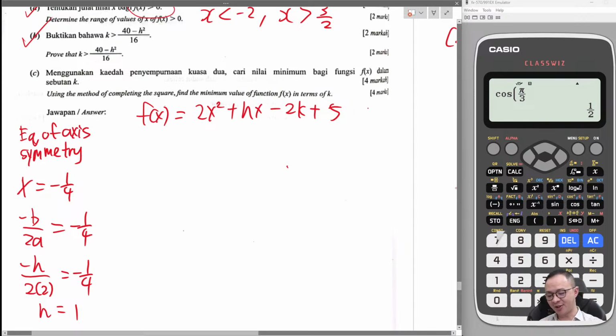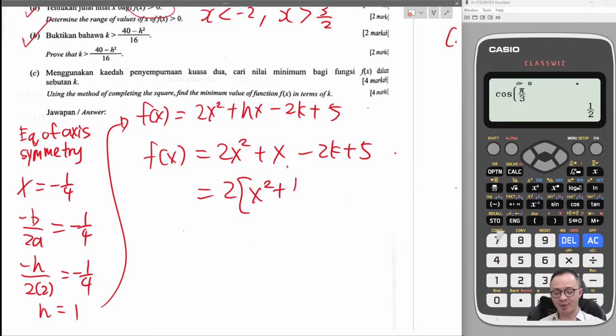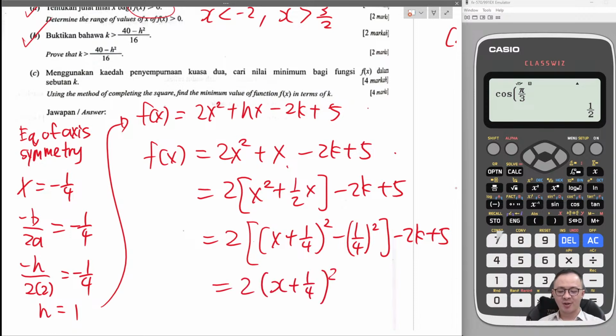Okay, after I got my h equals to 1, I will sub into here to do the completed square. 2x squared plus 1x minus 2k plus 5. Then I take out the 2. This is x squared plus 1/2 x minus 2k plus 5. So this one is (x plus 1/4) squared minus (1/4) squared, minus 2k plus 5. Multiply 2 into it. This is minus 1/16 becoming minus 1/8 after multiplying 2.